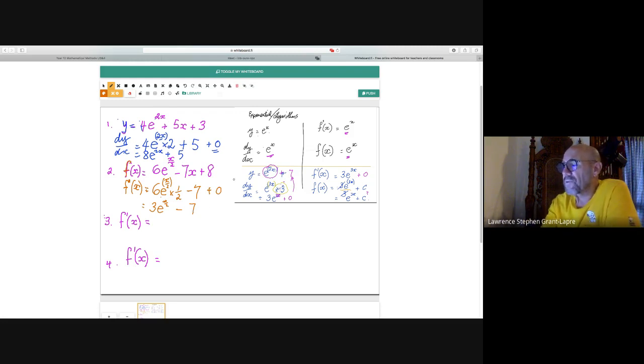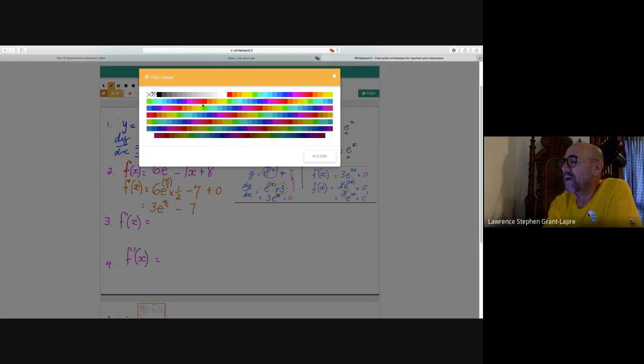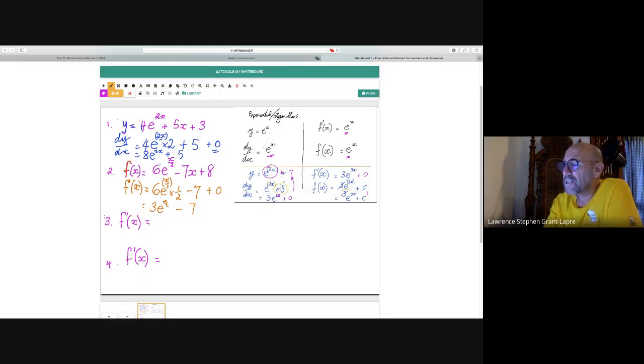What I'd like to do for question 3 is go back and have a look at the answer for part 1: 8 e to the 2x plus 5. Let's do the antiderivative of this. So the antiderivative of this is we leave e to the power of 2x.